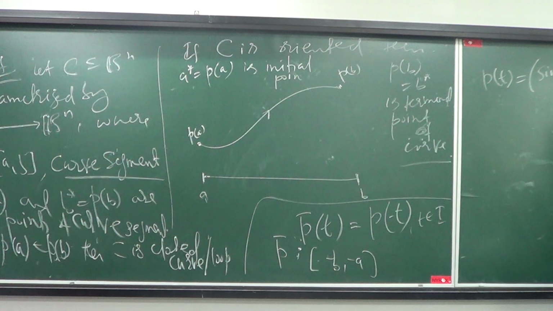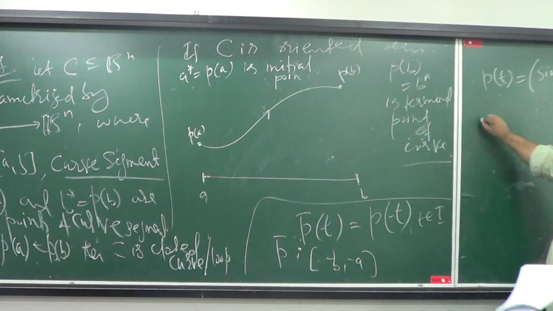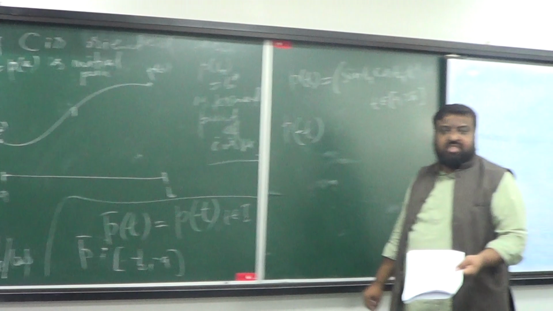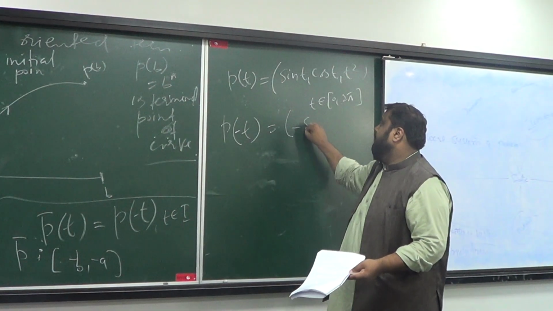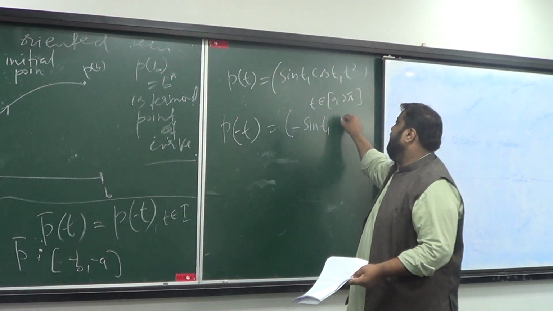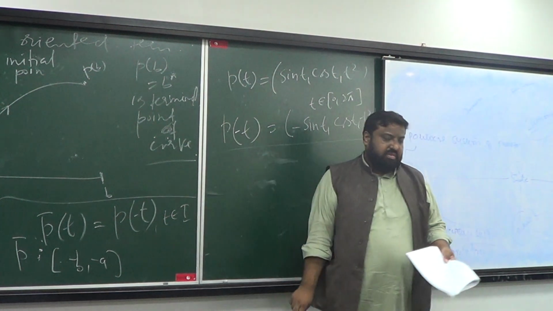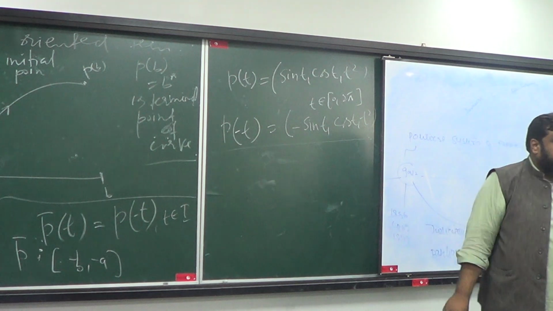Okay, the terminal point is going to be 0, 1, 4 pi squared. Okay? And what would be the reverse orientation of it? Yeah, the reverse curve for it. So you need to do p of minus t, and the p of minus t is going to be minus sine t, cos t, and t square. So that will be the parameterization of the reverse curve.